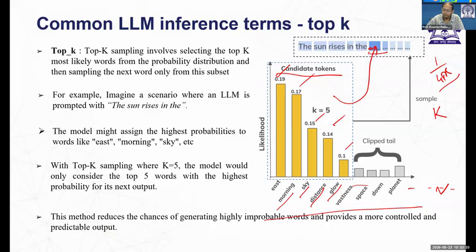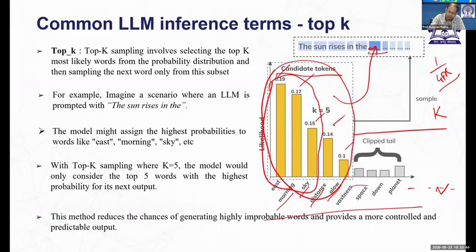Now, what are the highly improbable words? All the long tail parts are improbable words, so you can skip those. You can focus on the candidate set, that is k equal to 5, and sample one out of it to fill the blank. Now k is in your control. If you say k is equal to 3, your candidate set is east, morning, and sky.